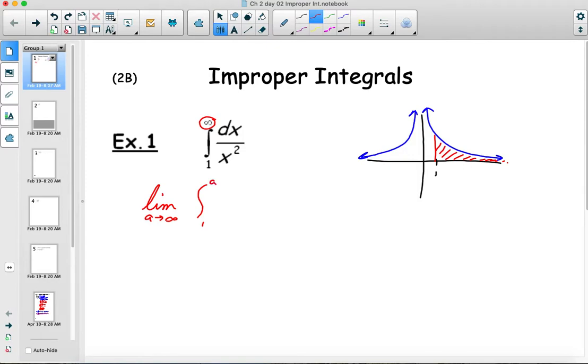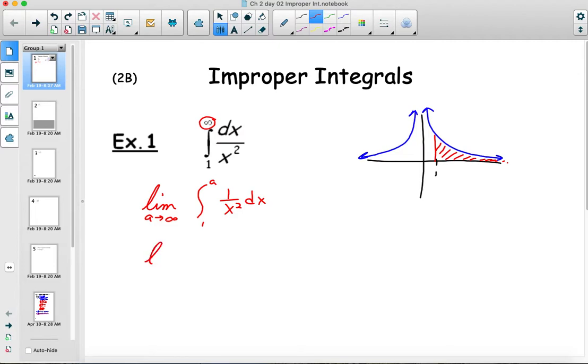Because all the work we've done with integrals goes from one value to another, not to infinity. So 1 over x squared dx, or dx over x squared. And now we won't focus on the limit until after we've worked out the integral.